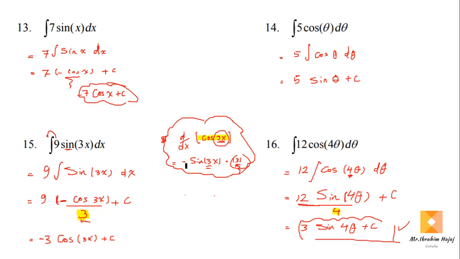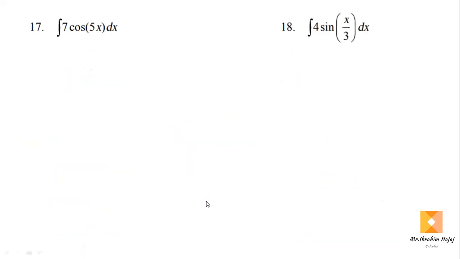Because of the chain rule, it is multiplied by 3. When you do the inverse operation, what's the inverse of multiplying by 3? Dividing by 3, that's question 15. And here, dividing by 4, and so on. So we can take it as a rule.